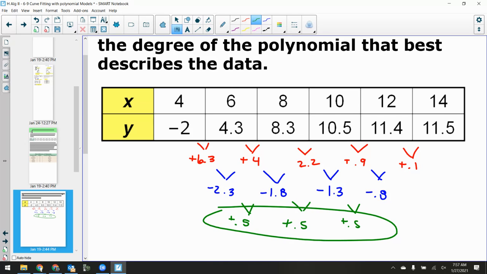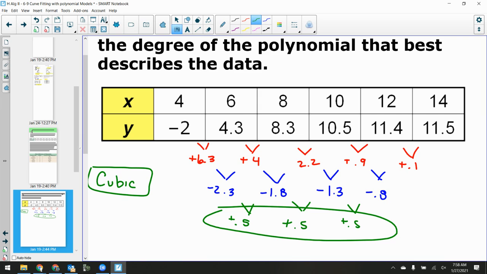This constant set of third differences would be a cubic function, and that should work for every single cubic function, as long as it fits perfectly. This is more on the algebraic side. If you have a table of data from a function and you don't know what that function is, if you find the third differences and they come out to be constant, then it's a cubic. Constant fourth differences would be a quartic, and so on.